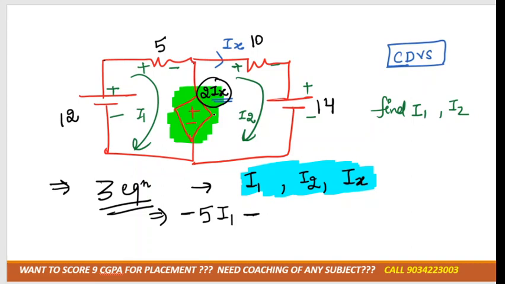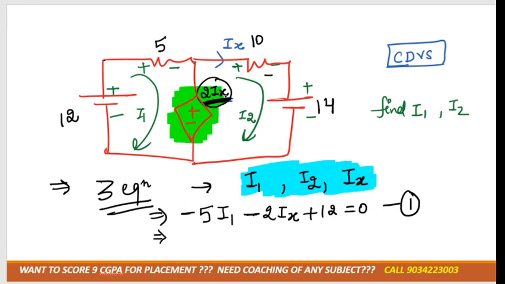And what is the value of the voltage source over here? The value of the voltage source is 2Ix. So you have to write down the complete 2Ix, you can't write down 2 only. If it is 2Ix, then write 2Ix. If it is 2Vx, then write 2Vx. Complete value. Then again the second sign is plus 12 equals 0. So this is your first mesh equation.